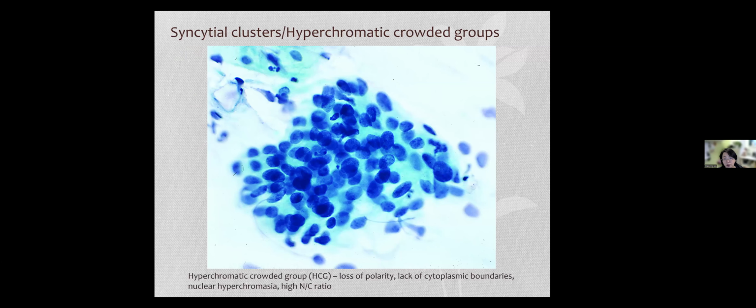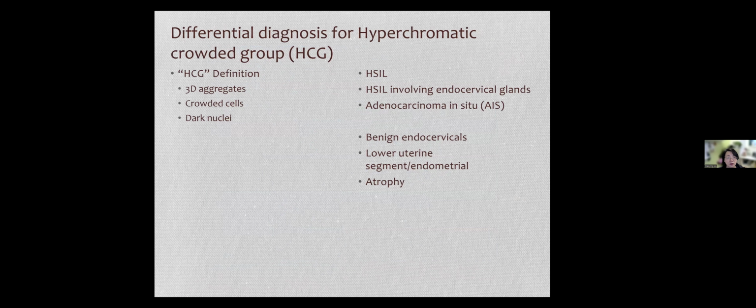So this is a hyperchromatic group, in contrast to the small single cell, loosely cohesive group. This is a very tight cluster, but you can see the high NC ratio, nuclear hyperchromasia, coarse chromatin. That's the HCG pattern.